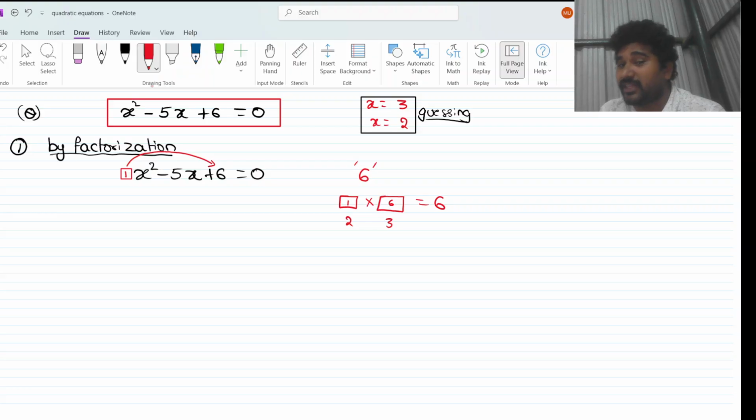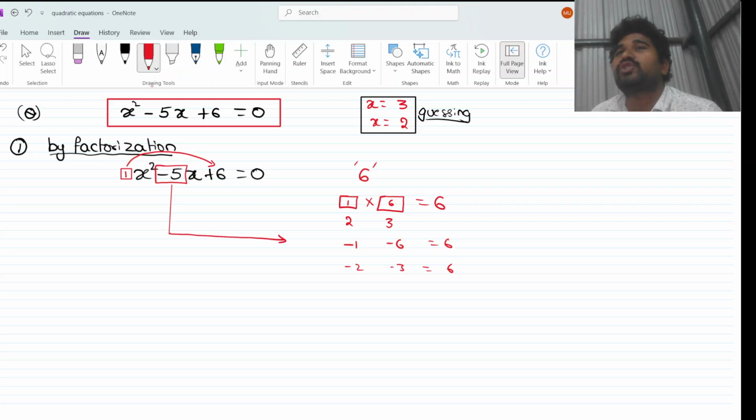Sir, you didn't take the minus. Minus 1, minus 6 also gives 6, right? Minus 2, minus 3 also gives 6, right? Am I correct or not? I want the numbers that, when added with their signs, give minus 5. Some people forget the sign and make a mistake.